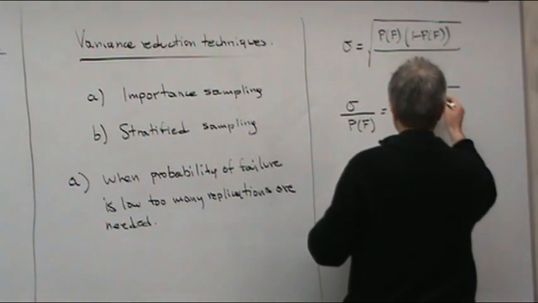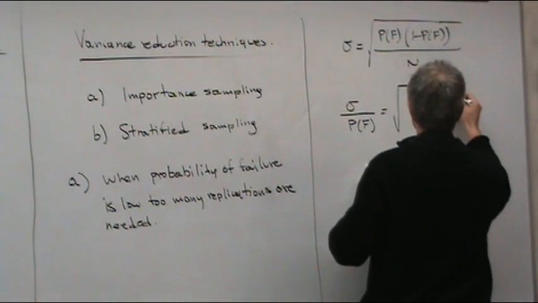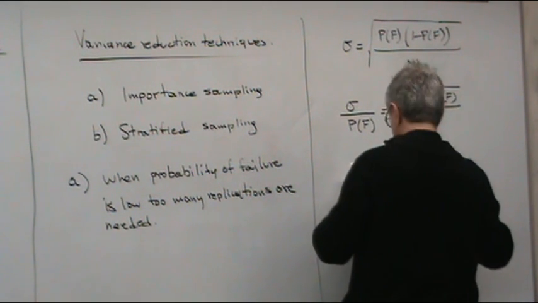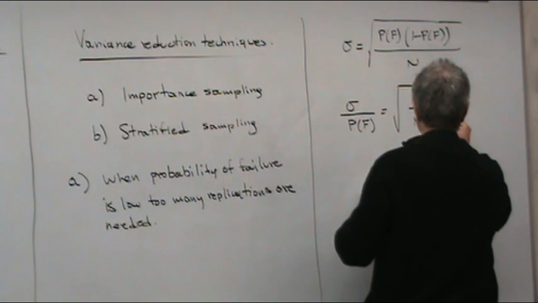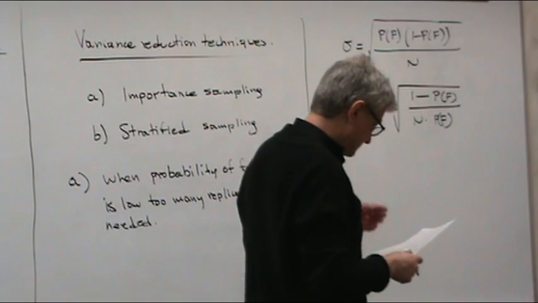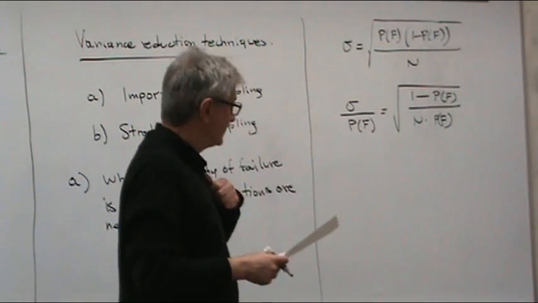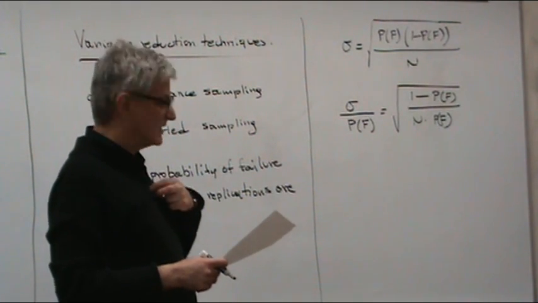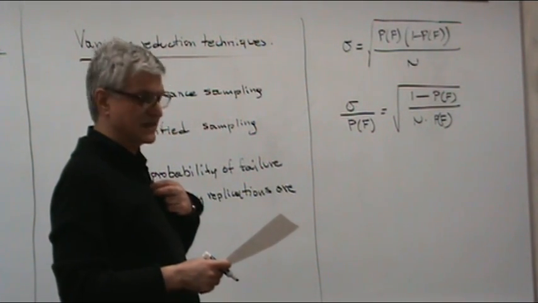If you want to express the standard deviation as a fraction of the probability of failure, the standard deviation divided by the probability of failure is the square root of 1 minus the probability of failure, divided by n times the probability of failure. Okay, that's the expression that we have for the coefficient of variation.